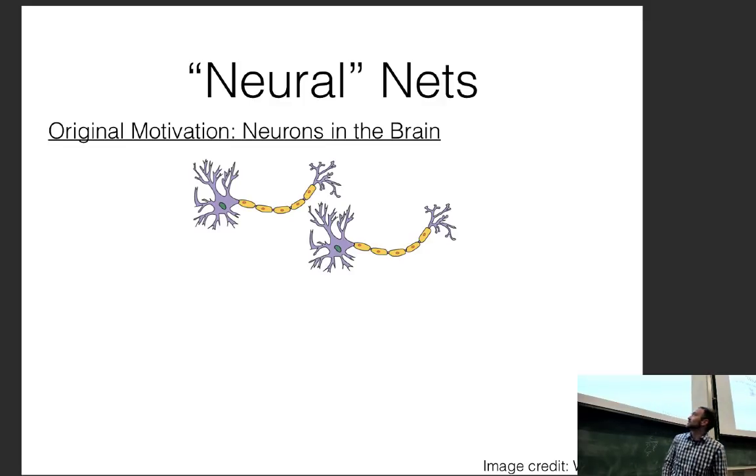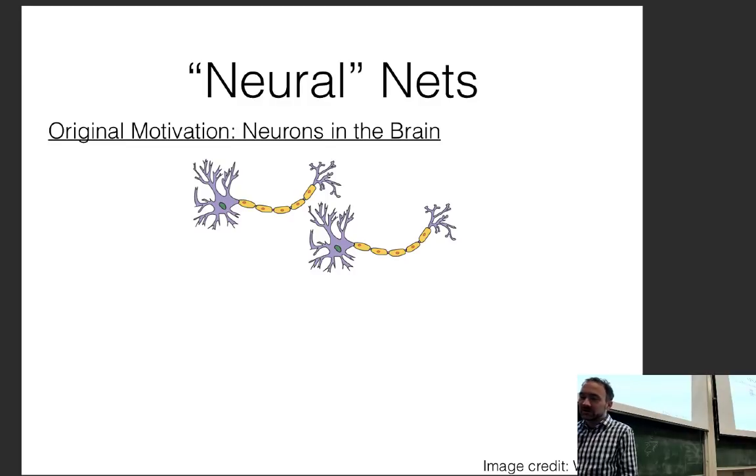Obviously, I don't think our actual neurons look quite this cartoonish, but the basic idea is that the neurons in our brain have, essentially on the left side, a bunch of inputs where they take electric signals, and then if the neurons reach a certain level of activation, they have an output.